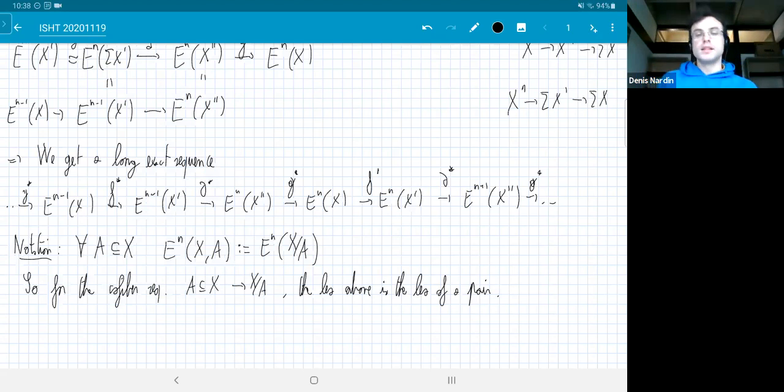You can also define unreduced cohomology by adding a disjoint base point, but I think I'm always going to work with the equivalent of reduced cohomology, at least for today. Let me pause for a second and ask if there are any questions.